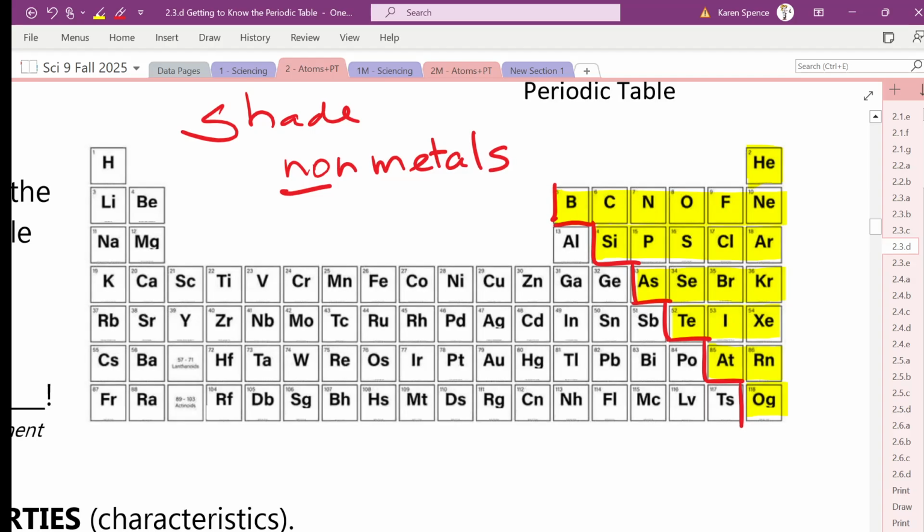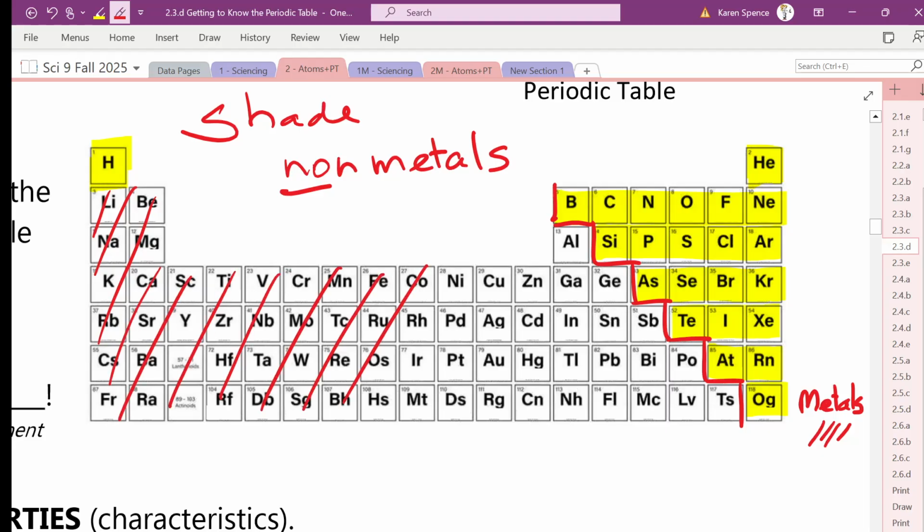Is everyone happy with what I have shaded? Uh-oh. Yeah, we need hydrogen shaded as well. Okay, hydrogen must also be shaded. So if I were to ask you to shade the metals, the metals are going to be like this.